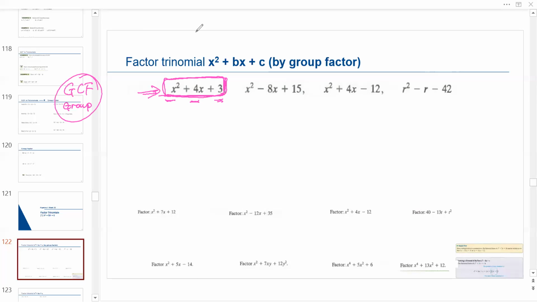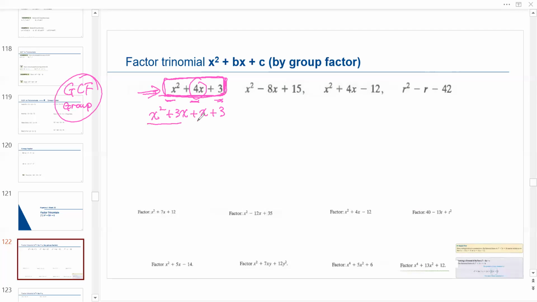So what are we to do? Right now we introduce a little further change: I break the 4x down into 3x plus x, so it becomes x squared plus 3x plus x plus 3. What do you think? Can we use the group factor? Yes, we can.